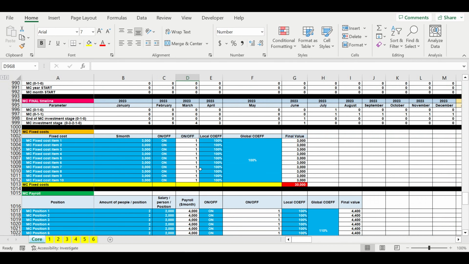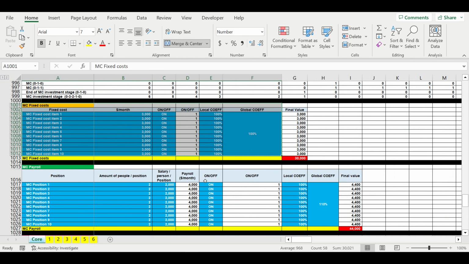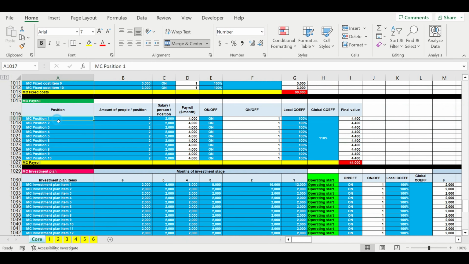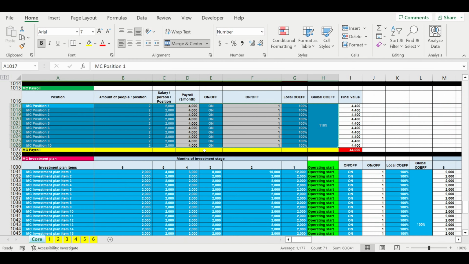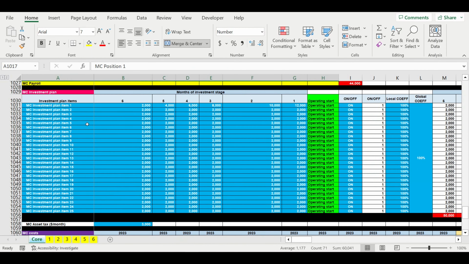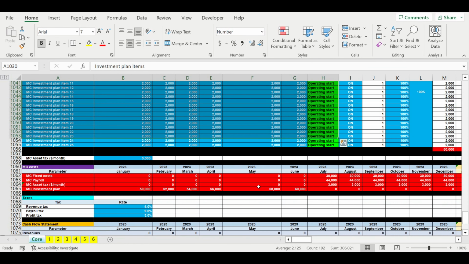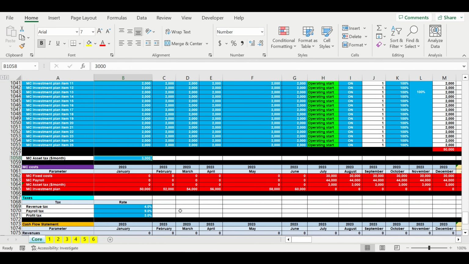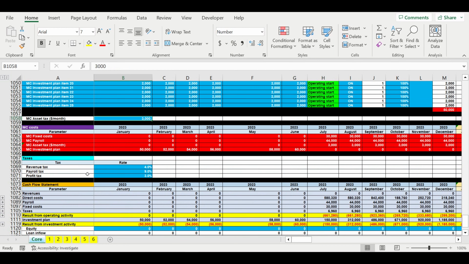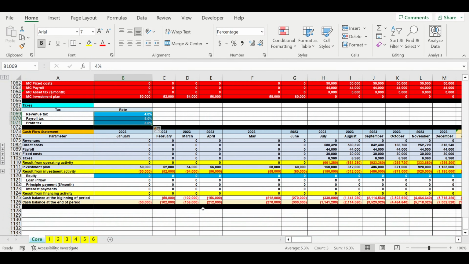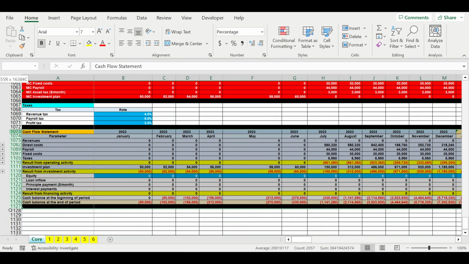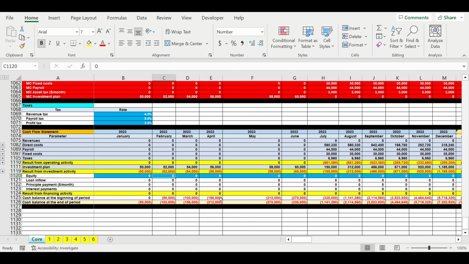Then we have fixed costs for the management company, payroll for the management company, investment plan for the management company, asset tax for the management company. Then we are setting up the rates for the taxes. Then we are building cash flow statement. And now we can move to the financing.